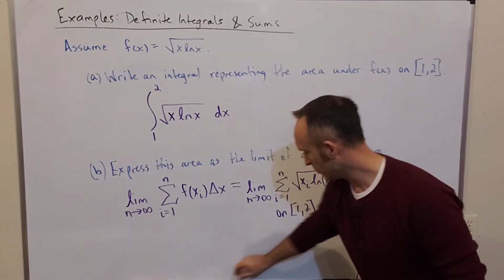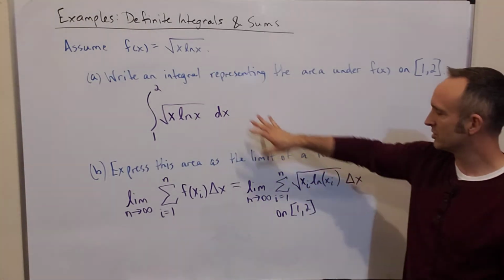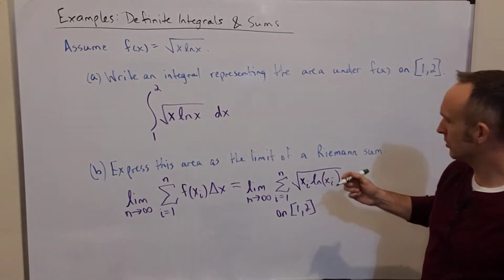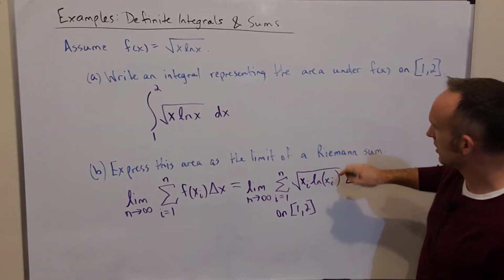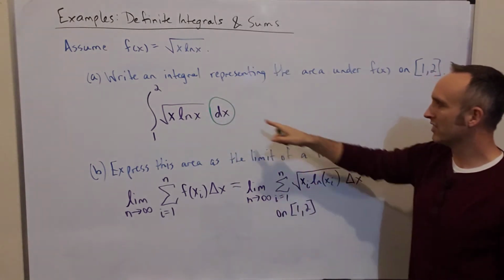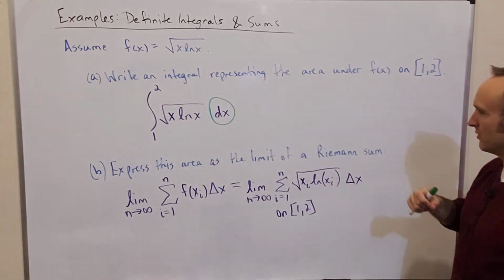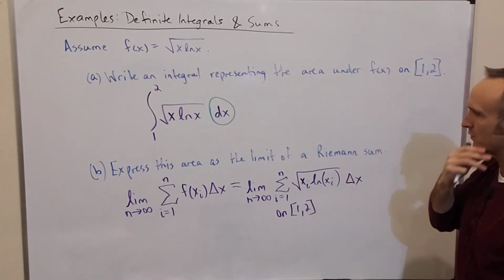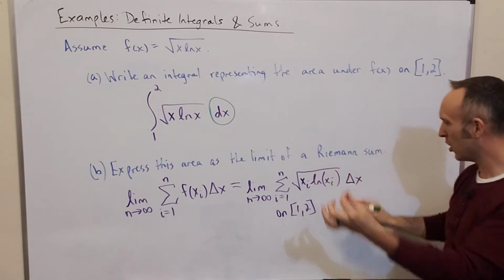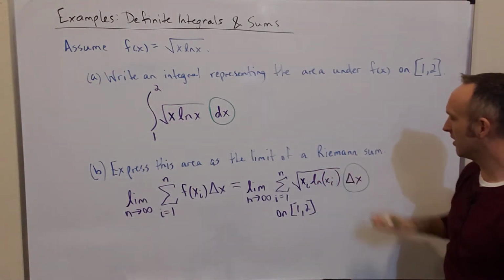Now, I do want to point out the similarity between the integral and the limit of the Riemann sum. In your integral, you have this dx. One way to think of dx, and we'll solidify this as we go further in this course, is that dx is like an infinitely small version of delta x.